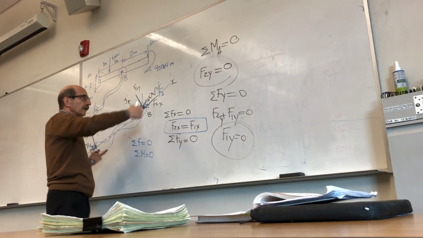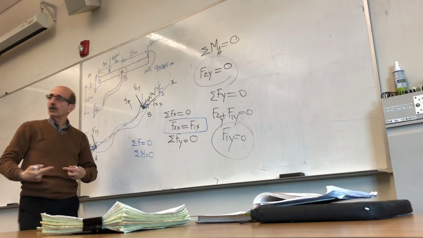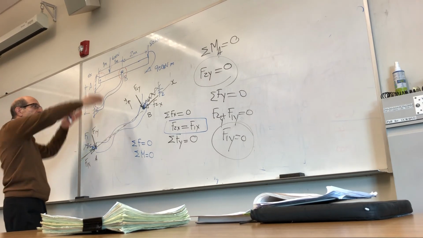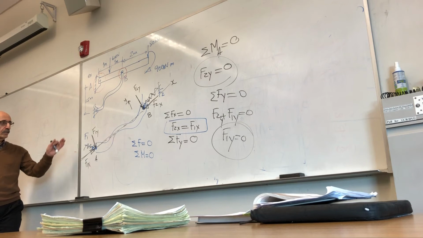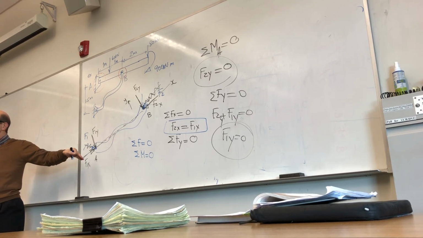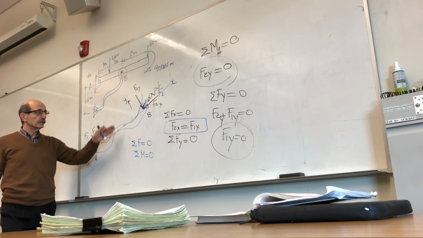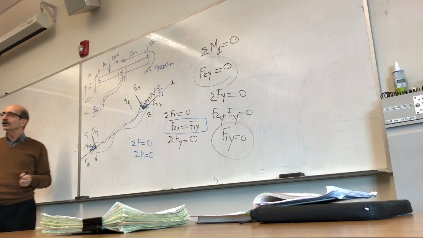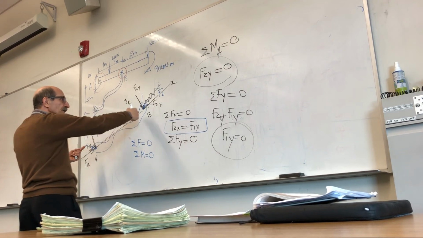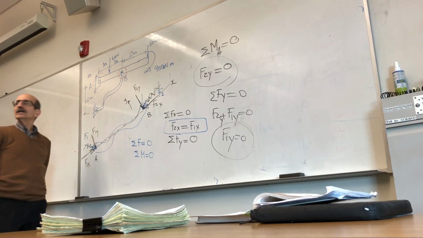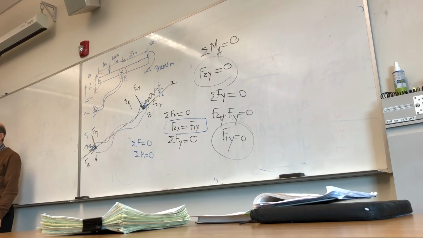All we know is that this force and this force are equal, but we cannot have any components along y. Because no matter what the original orientation of these forces are, as long as there is no other force acting along this member, you always end up with these forces having to be acting only along x and being equal.